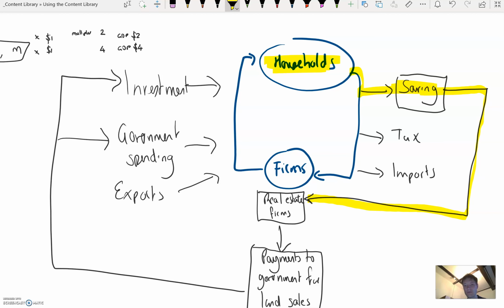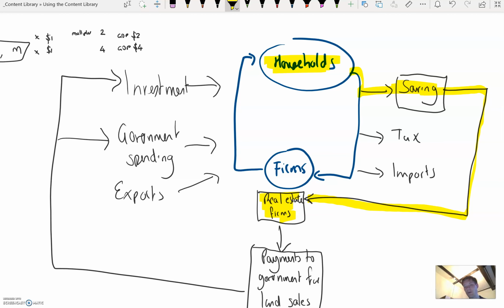Houses are very expensive. They've gone up significantly in recent years, and we have an income to house price ratio of around about 30. You're going to have to earn 30 years' worth of income to buy your house. So significant amounts of savings have been saved and then deferred to later to go into real estate firms.